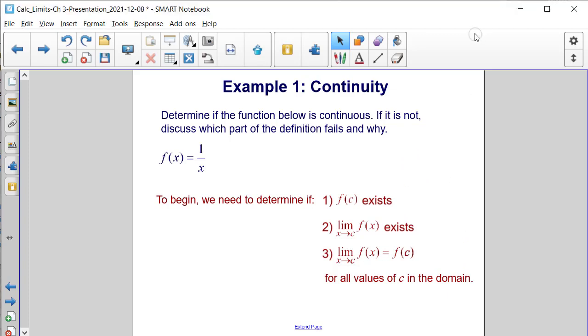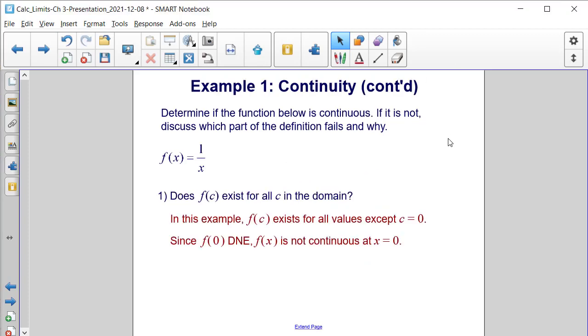If we look closely at our function, f of x is equal to 1 over x, begin to think about what critical numbers or points we may need to think about in order to determine whether or not it is continuous. So the first step is to determine if f of c exists for all c in the domain of the function.